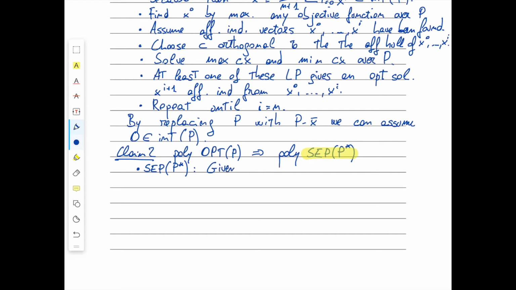We're given a point in the polar space, let's call it pi star in Rn, and the question is either show that pi star is in P star, so this is clear enough, or give a valid inequality.